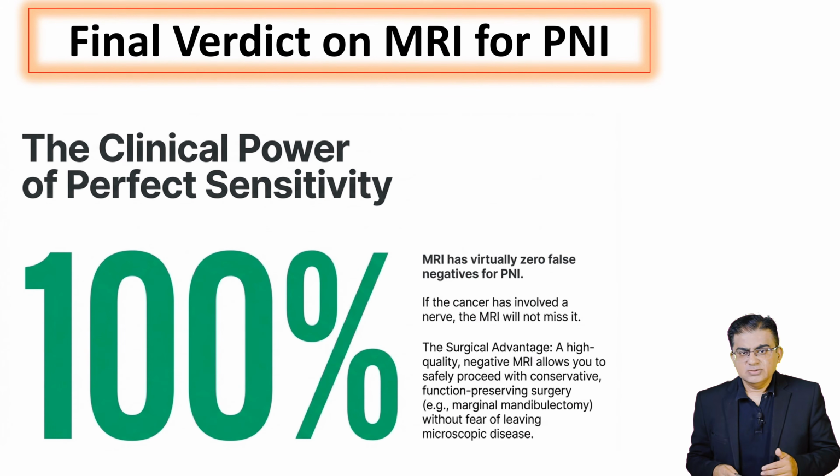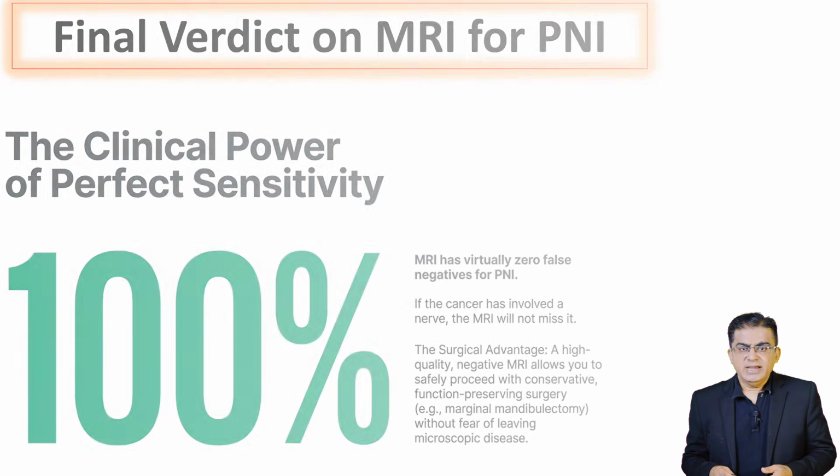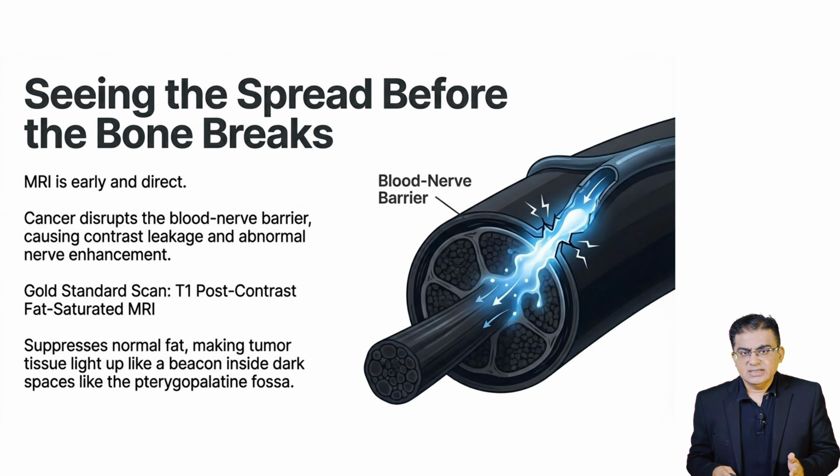This brings us to the ultimate verdict. Why is MRI the absolute, undisputed gold standard for perineural invasion? It all comes down to visualizing the soft tissue. MRI is direct and it is early.